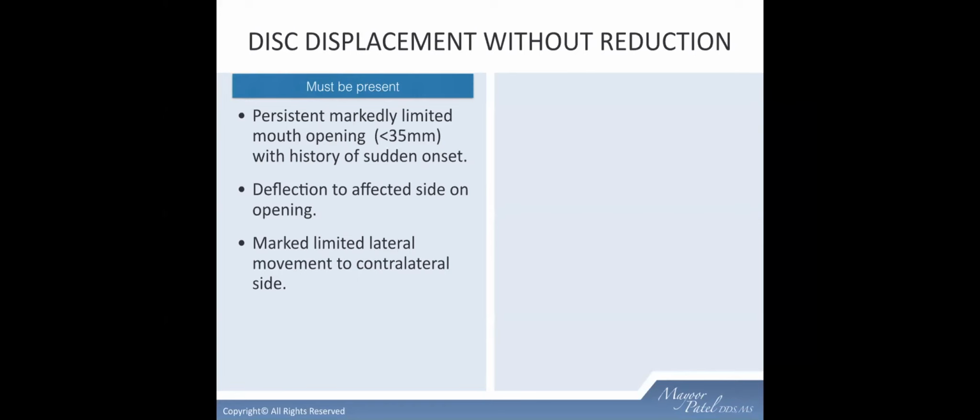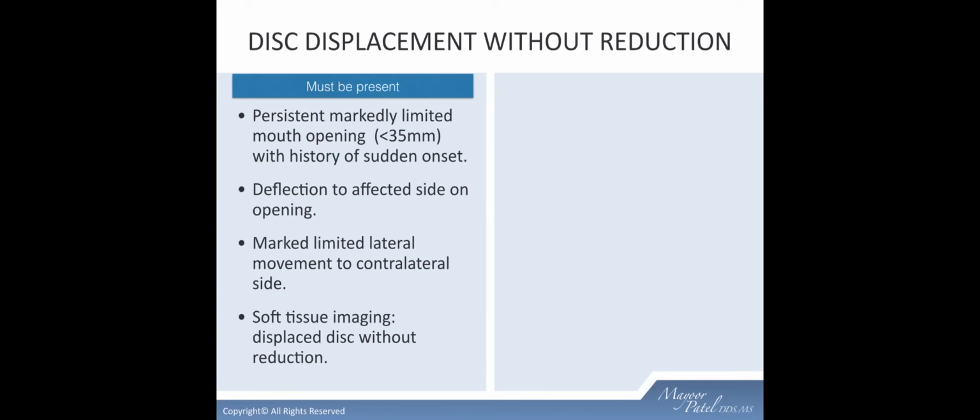But I can have a normal range when I do my left lateral excursion. And protrusion may or may not be limited, but the key here is limited range of motion, deflection, and contralateral measurement being not adequate compared to the ipsilateral side, as far as where the disc might be slipped.